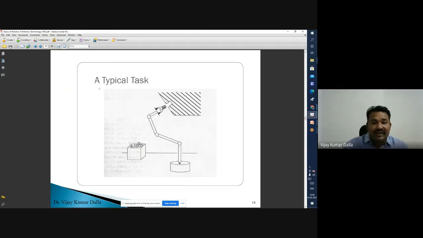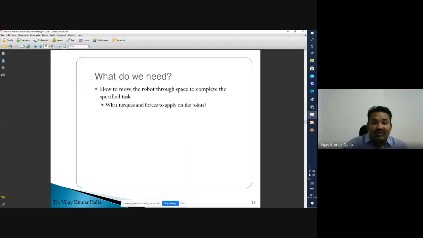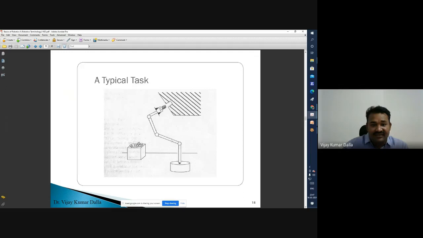It is an example of a typical task like drilling on the wall. There is a serial manipulator. Okay. So what do we need for doing this kind of task?